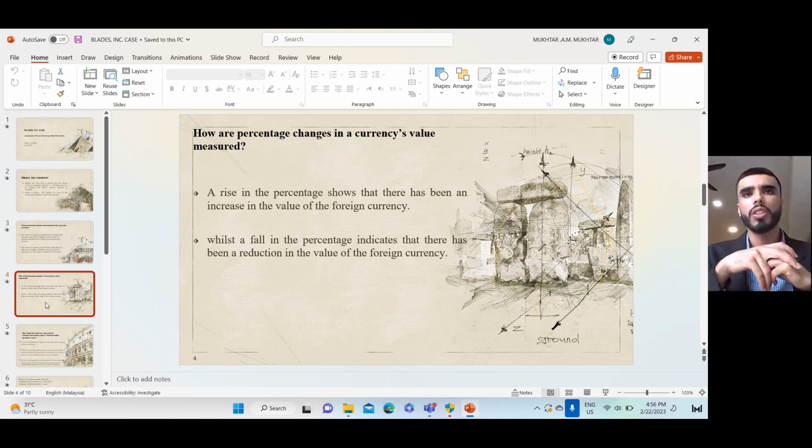And then a fall in percentage indicates a reduction in the value of foreign currency. So when the foreign currency is high, you can't purchase from outside the country. For example, say 5 baht equals 1 ringgit, and now it becomes 2 ringgit equals 5 baht.